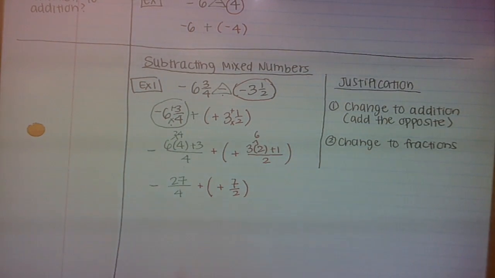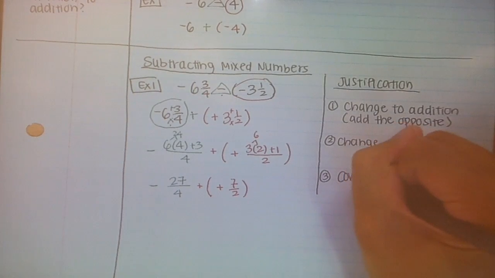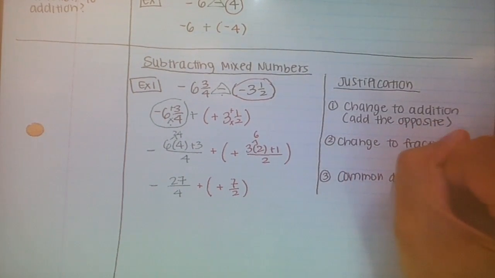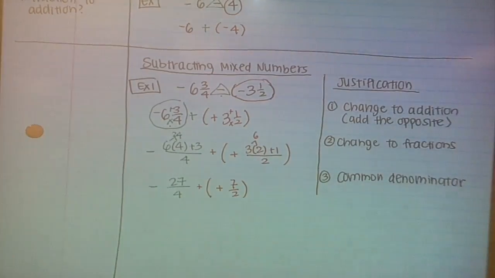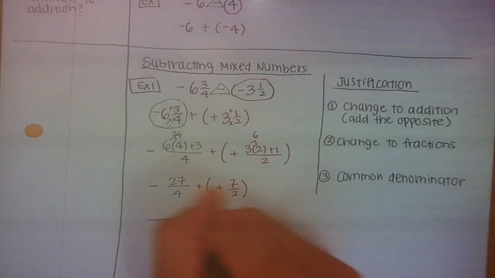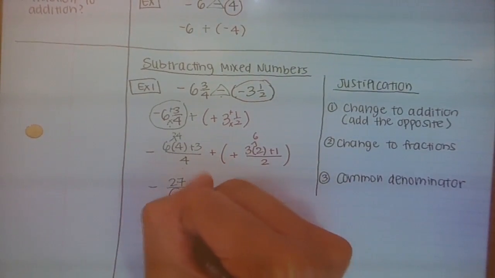Now in order to add fractions, I need to find a common denominator. So my third step is to find a common denominator, just like we did in the last lesson. So I take my chart. I have two denominators, 4 and 2.